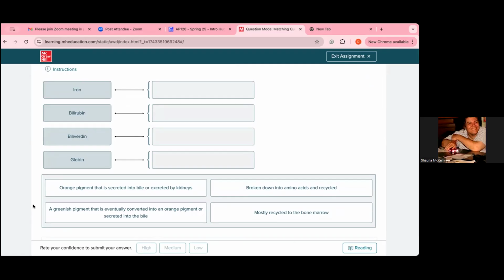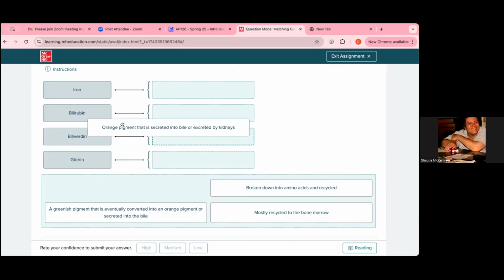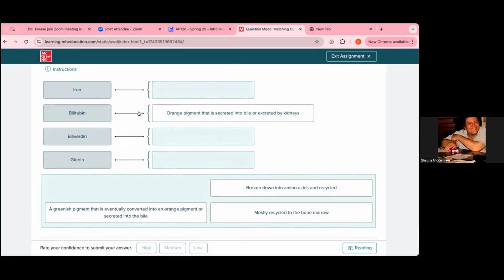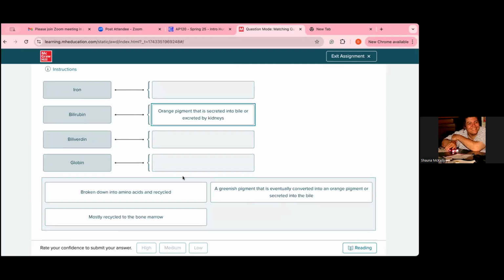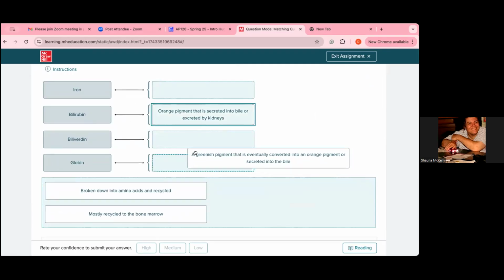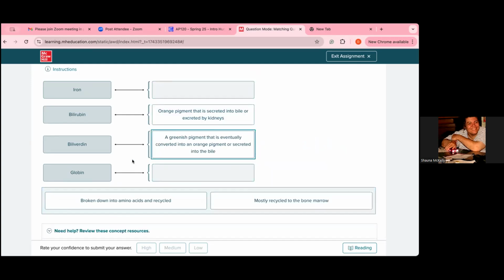No, that's bilirubin. Secreted into bile or excreted by the kidneys is bilirubin. And biliverdin is the greenish pigment that's eventually converted to orange pigment and secreted into bile.